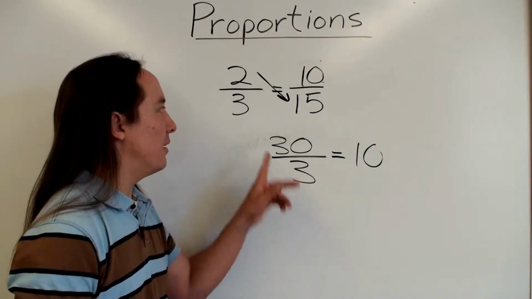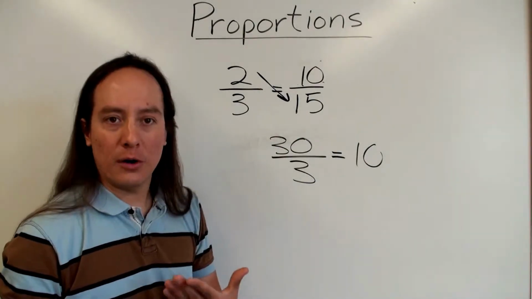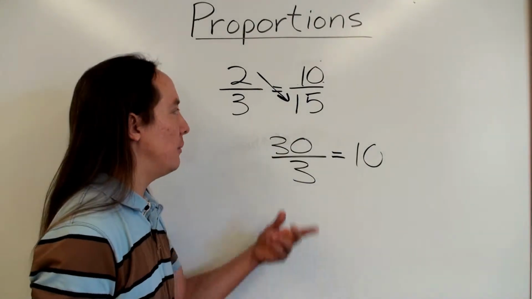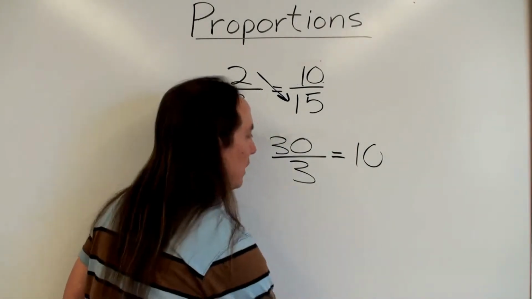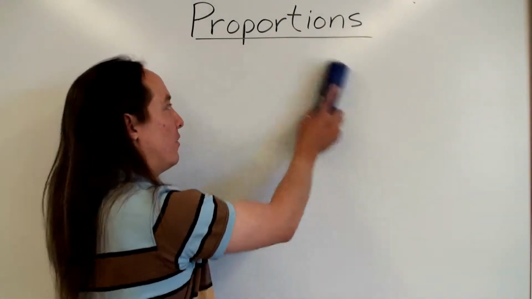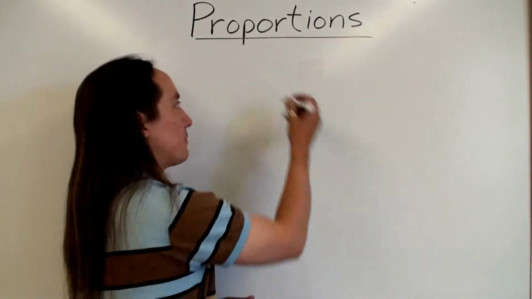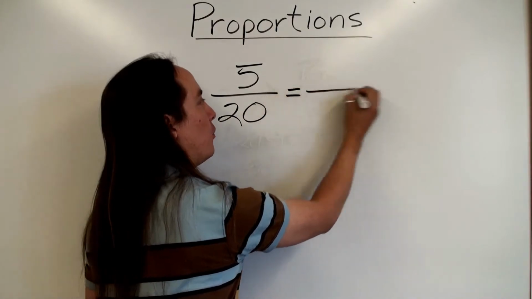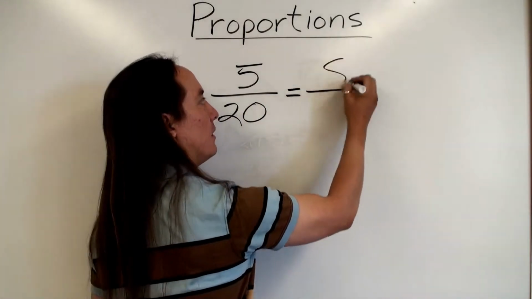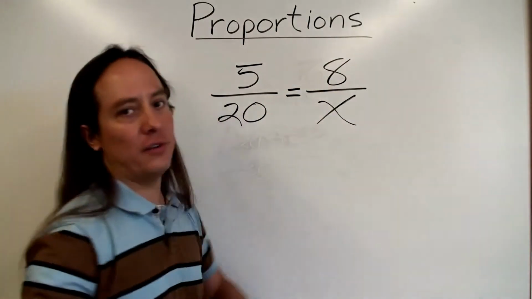I say it's easier because for those of you who are pretty good with your multiplication tables, you'll see the 5 in between the 3 and the 15. Okay, so let me show you one where it's not so obvious. We'll take 5 over 20 is equivalent to 8 over x, 8 over some number.